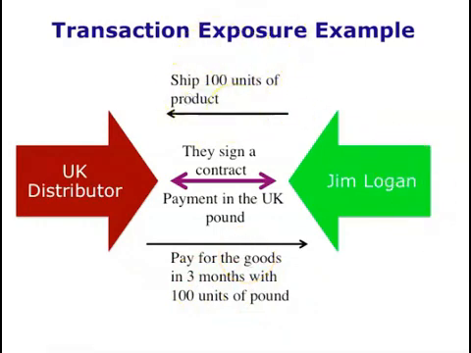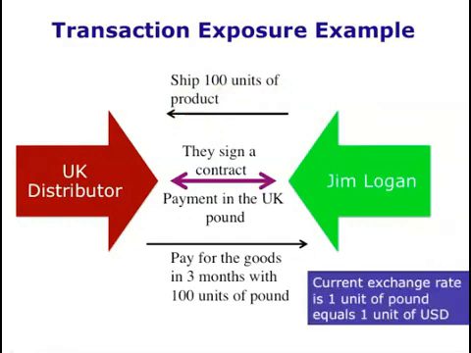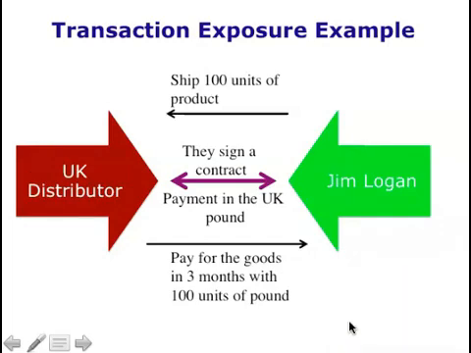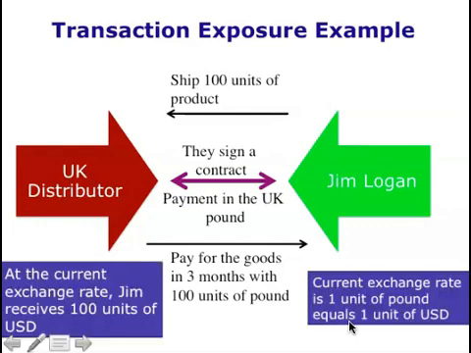Okay, and then just assume that the current exchange rate is 1-to-1: 1 unit of pound equals 1 unit of US dollar. With the current exchange rate, Jim Logan receives 100 units of US dollar if the exchange rate remains unchanged in 3 months.